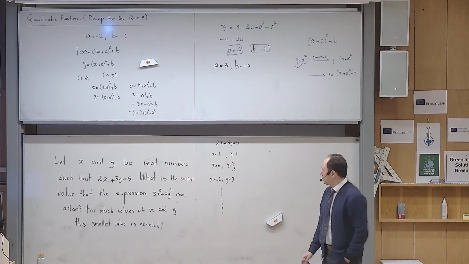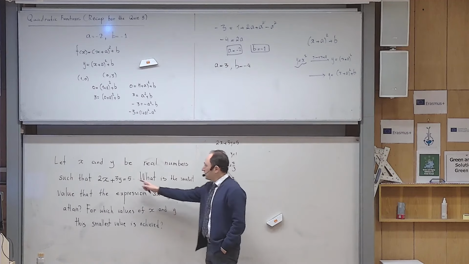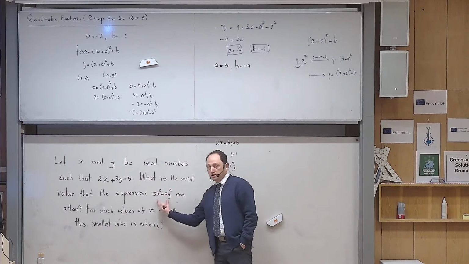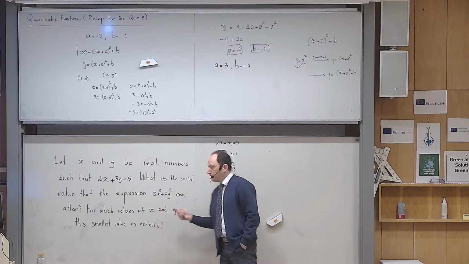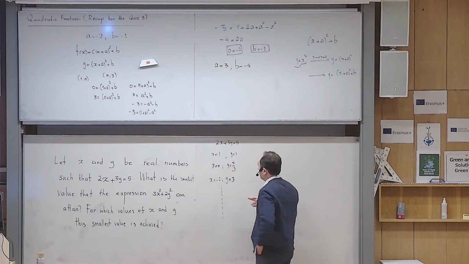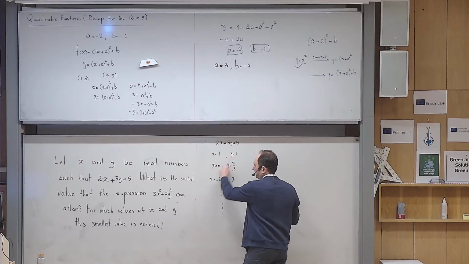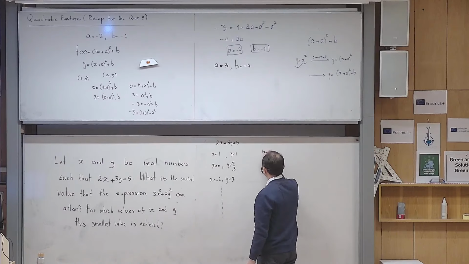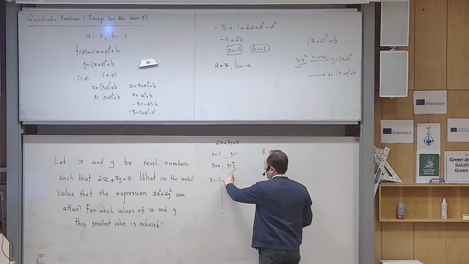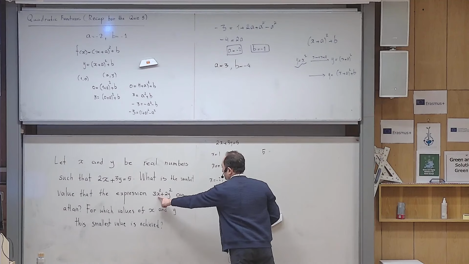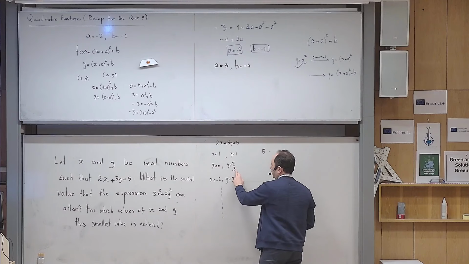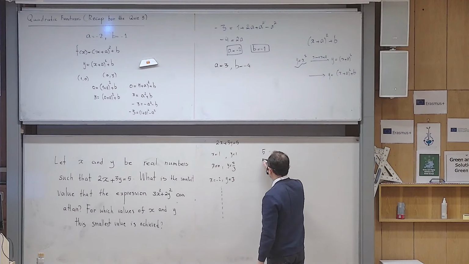But I want to see which pair minimizes this quantity. For example, this x is 1 and y is 1 gives me which number? 5. This one, x is 0 and y is 5 over 3, put it here, it gives me 2 times 5 over 3 to the power of 2, 25 over 9, so 50 over 9.